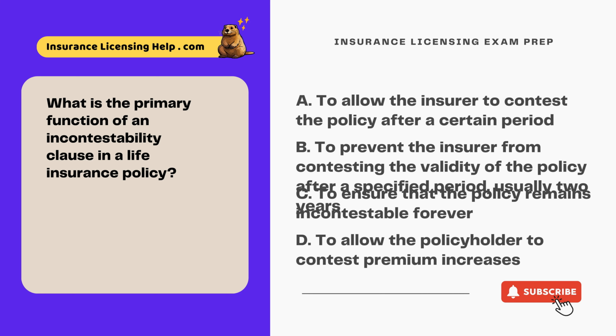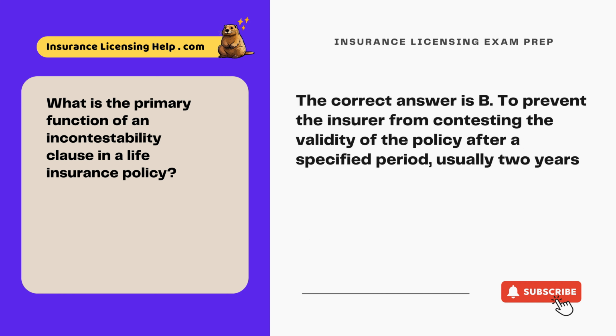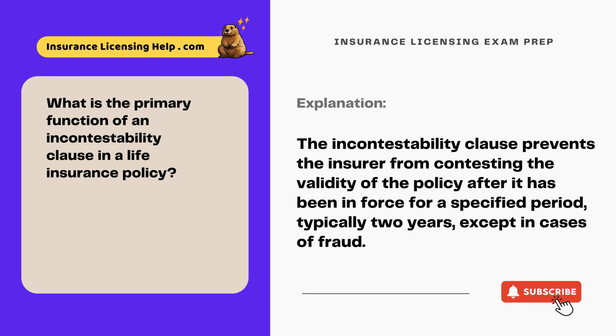D, to allow the policyholder to contest premium increases. The correct answer is B. To prevent the insurer from contesting the validity of the policy after a specified period, usually 2 years. The incontestability clause prevents the insurer from contesting the validity of the policy after it has been in force for a specified period, typically 2 years, except in cases of fraud.